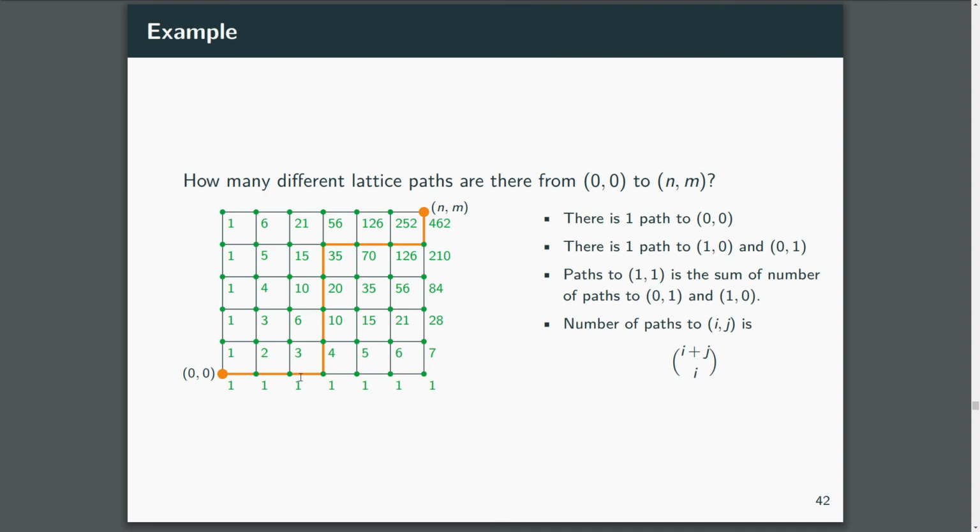So it's quite similar to the balls and boxes one. So consider you have a string of i plus j r's, which represent right, like we're taking steps to the right. And then consider, okay, we need to swap out i of those with a u representing up.